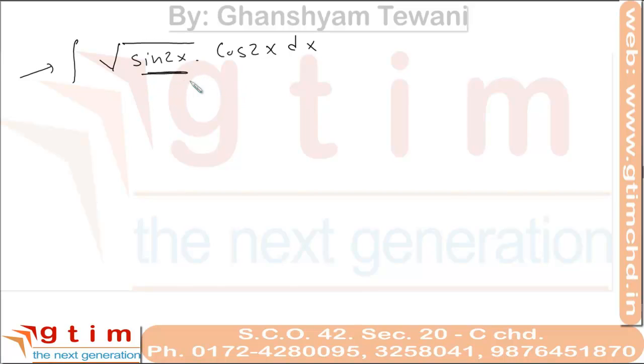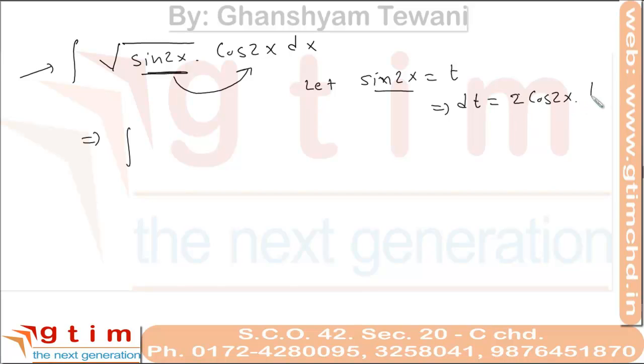Sine 2x, as its derivative is available. You can write this implies dt is equal to derivative of this, which is 2 times cos 2x, multiplied by dx.